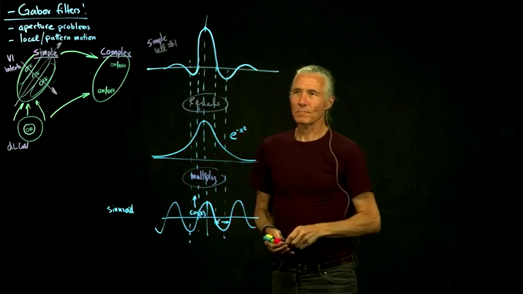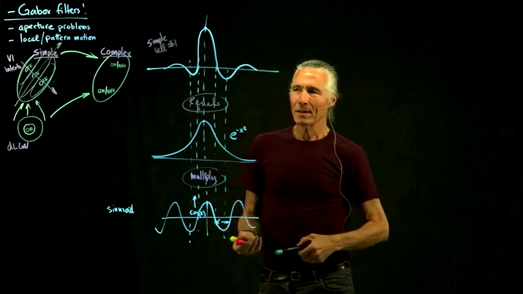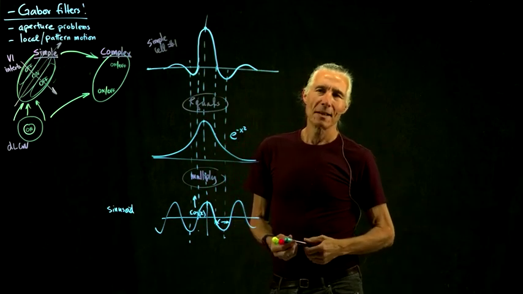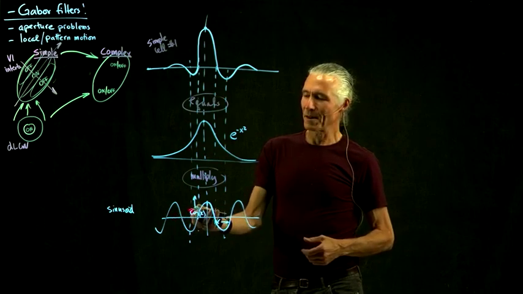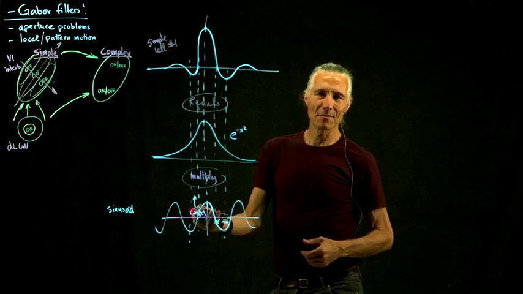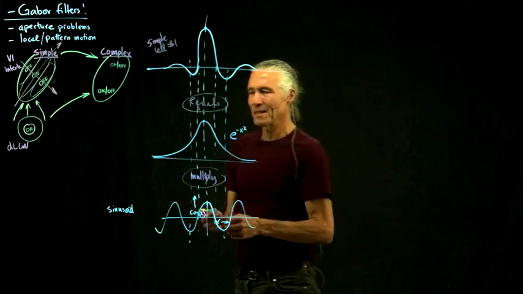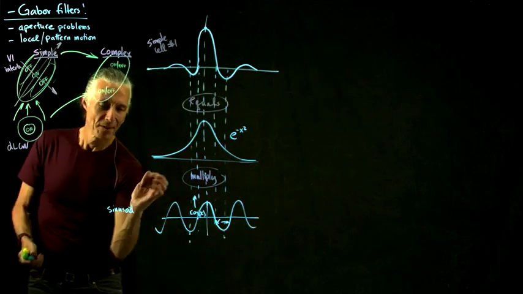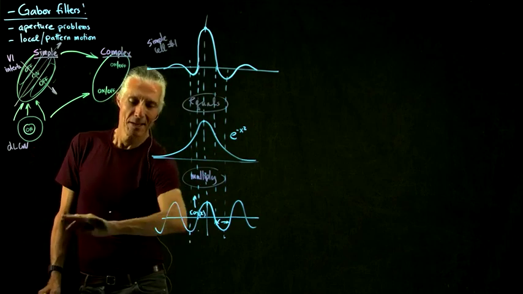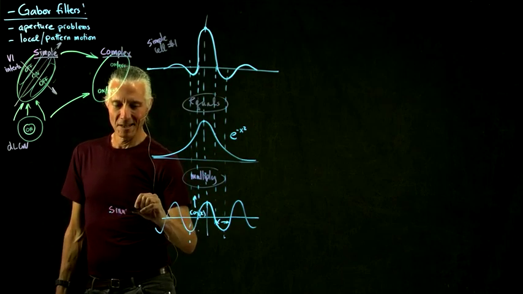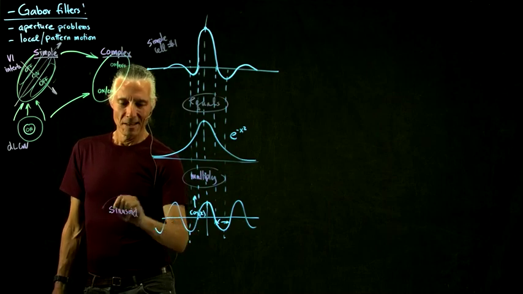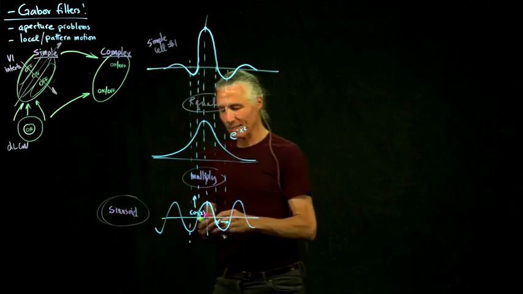Now, we could also have a sine instead of a cosine. Here's a sinusoid. This happens to be just one of the sinusoids. What kind of a cell would that be modeling?